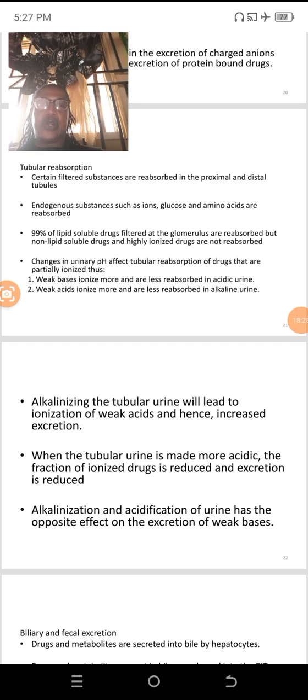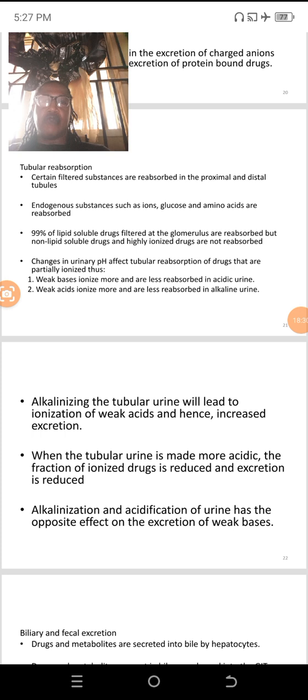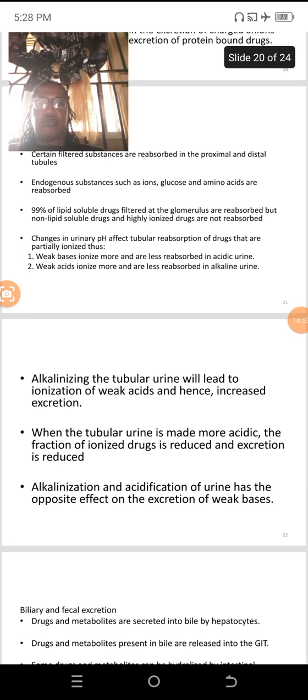Alkalinizing the tubular urine will lead to ionization of weak acids and hence their increased excretion. When the tubular urine is made more acidic, the fraction of ionized weak acids is reduced and excretion is reduced. So alkalinization and acidification of urine have the opposite effect on the excretion of weak bases.